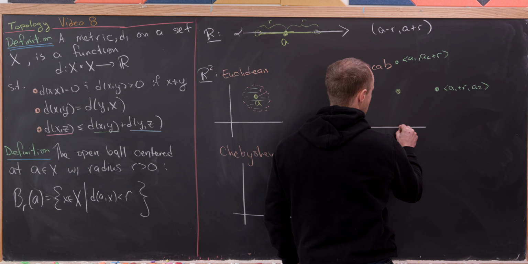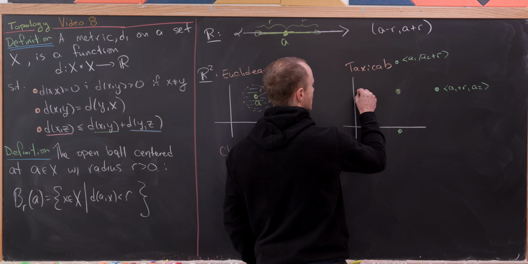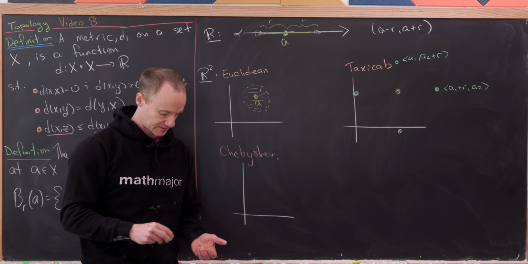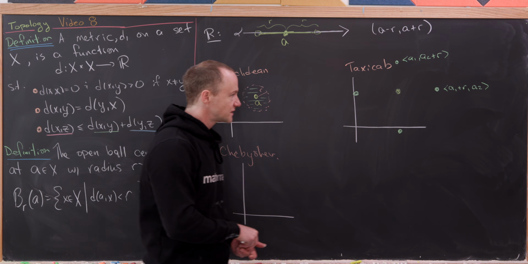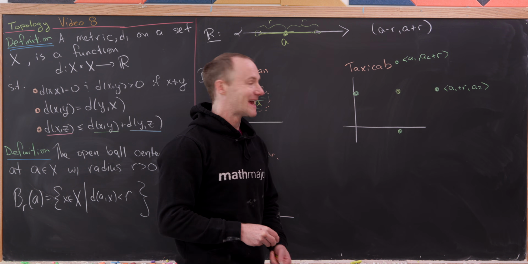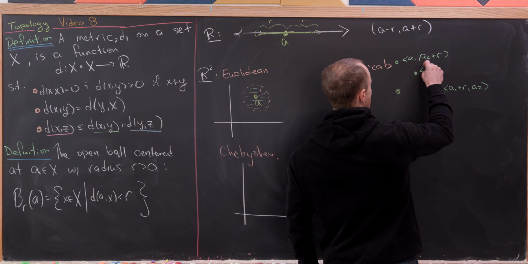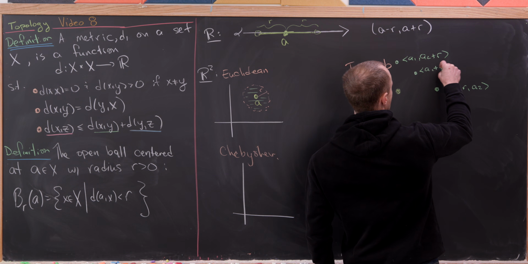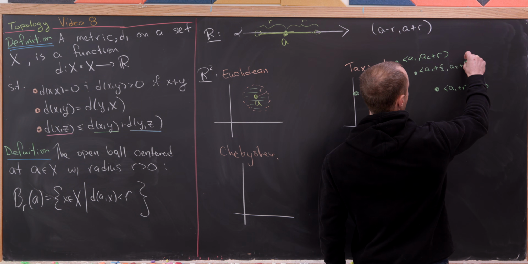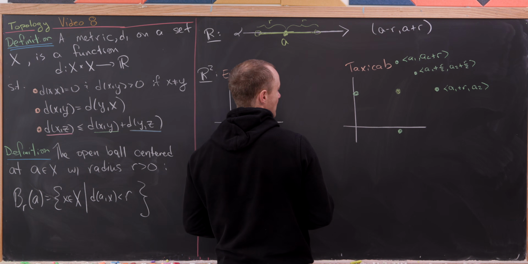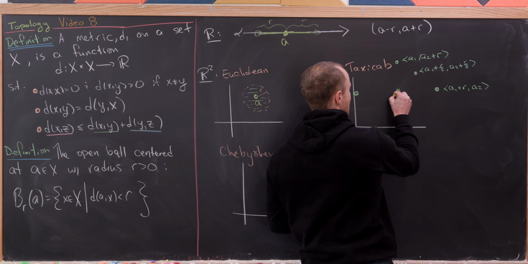And then there'll be maybe the cousins of those over to the left and to the bottom. So we have something like this. But then let's also note that by the taxicab metric, the point right here, which has coordinates A1 plus R over 2 and A2 plus R over 2, also has a distance of R from our central point A.